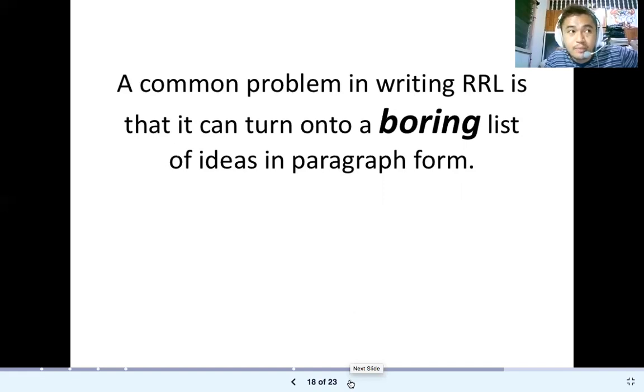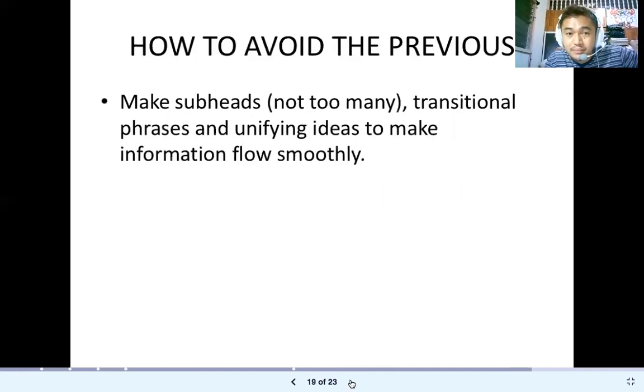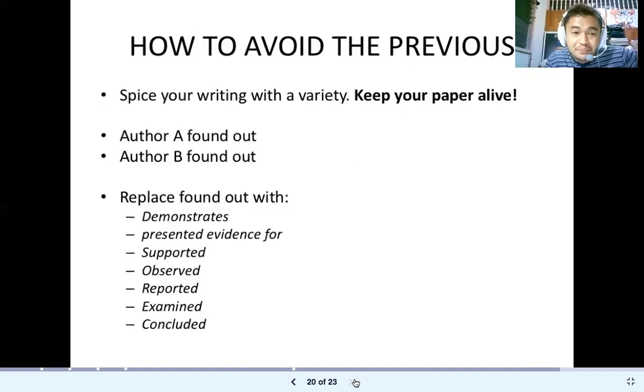But if you are able to craft that and put it into a very good framework and presentation, then it will not be. Okay, how to avoid that? Make subheads, not too many. Use transitional phrases and unifying ideas to make information flow smoothly. Again, make sure when you choose your words, it should have a very good transition or phrases in the discussion. Make subheads, but do not overdo that.